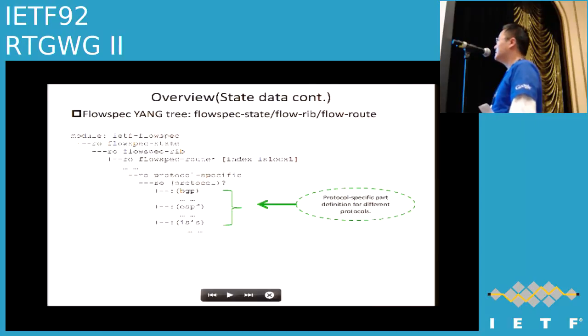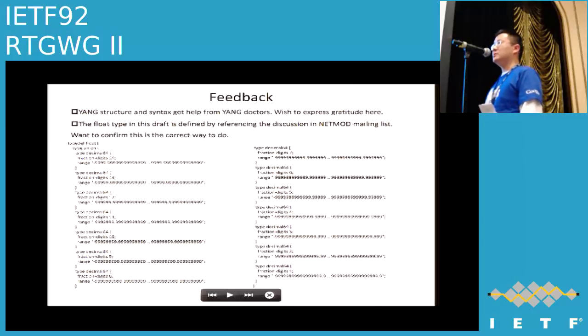Okay, here is actually one query or question for the people here. In this draft, I need to use the floating point type, because it's related to traffic rate. I don't care which format it should be, for example, the IEEE floating point, but I didn't find a common type for this floating point type.